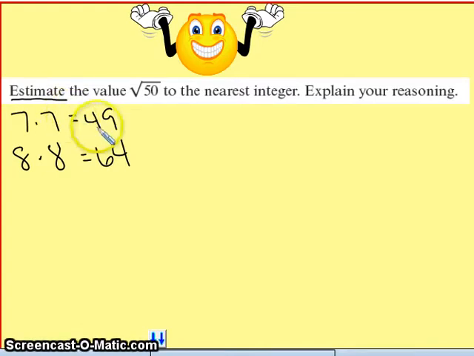So, we either need to round the square root of 50 to 7, or we need to round the square root of 50 to 8. To do that, we look at their perfect squares. Which perfect square is 50 closer to? Well, 50 is only 1 away from 49, but it's 14 away from 64. So, the value of the square root of 50, estimated to the nearest integer, is going to be 7.